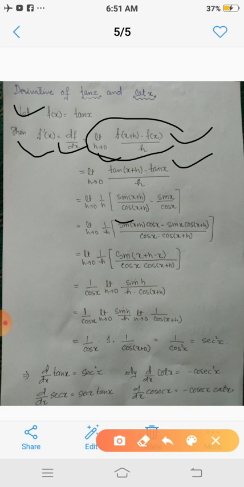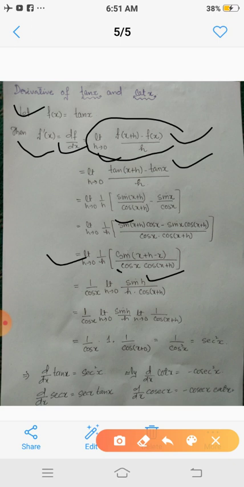Now sin a cos b minus cos a sin b is sin of a minus b, which is limit h tends to 0 sin of x plus h minus x upon cos of x plus h. Now x cancels, it is simply sin h.